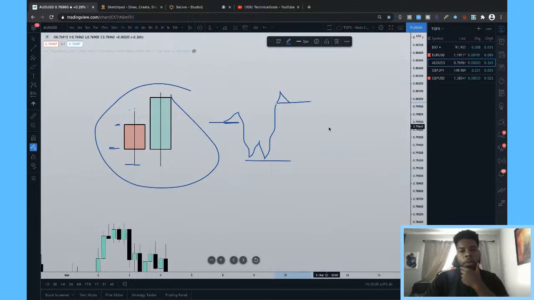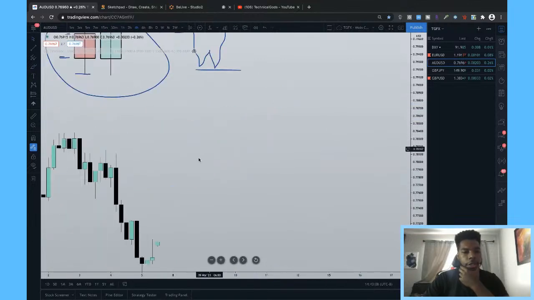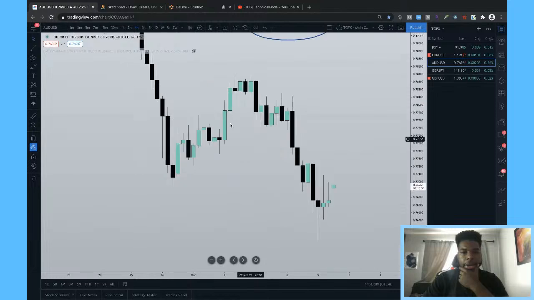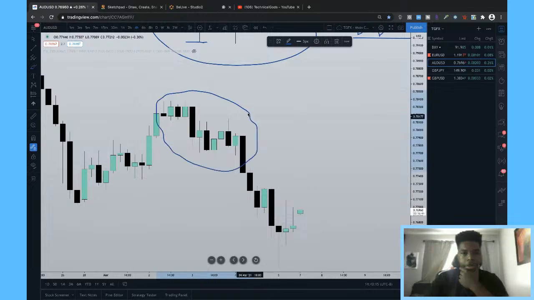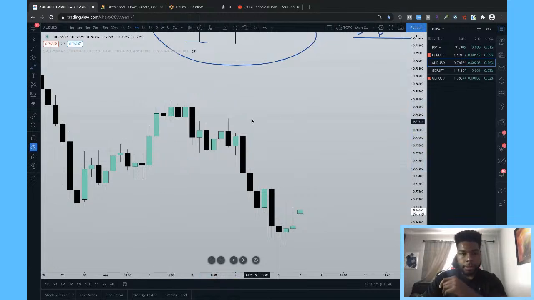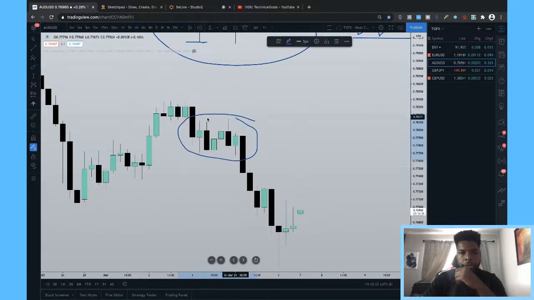Okay, so we can do the same thing for any area in this market. Like, for an example, this area right here, right? So this is a little choppy, just consolidation. So actually, let's do it from here. All right, so we have a bearish candle.